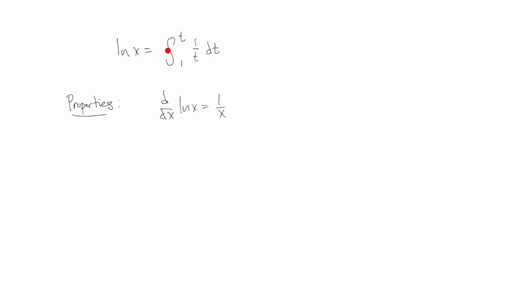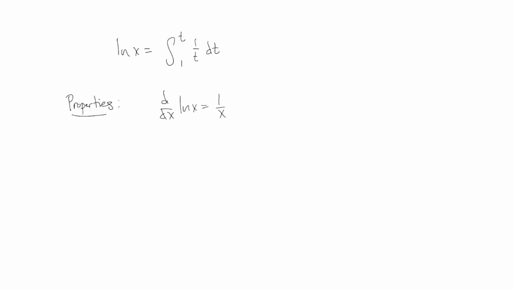On the right it says derivative of the antiderivative of 1 over t. And the derivative and the antiderivative sort of cancel each other out. That's called the fundamental theorem of calculus part 2, sometimes people say. Or part 1, I can never remember which is which, but anyway, when you take the derivative on this side, it cancels the integration and you get just the original function 1 over x. Okay, that's one important property.